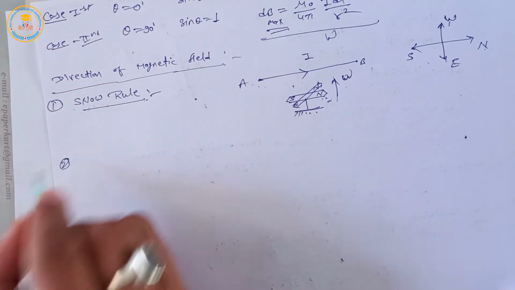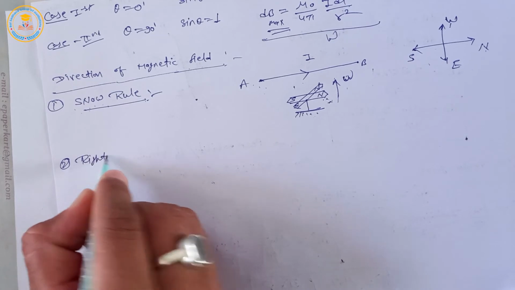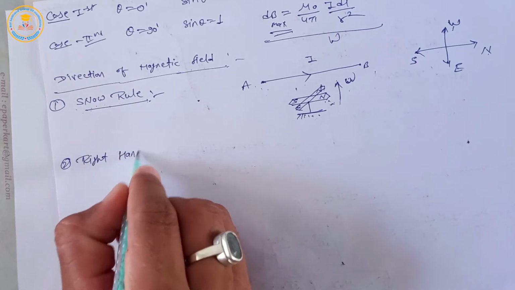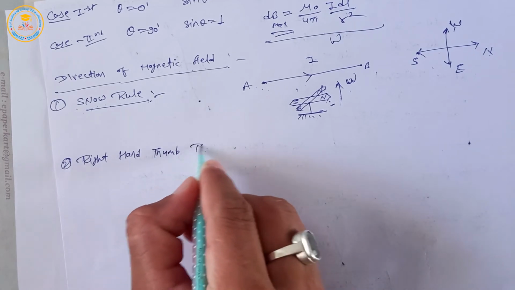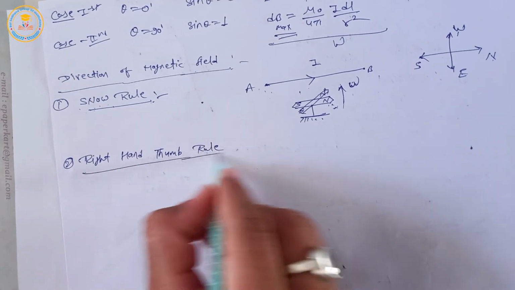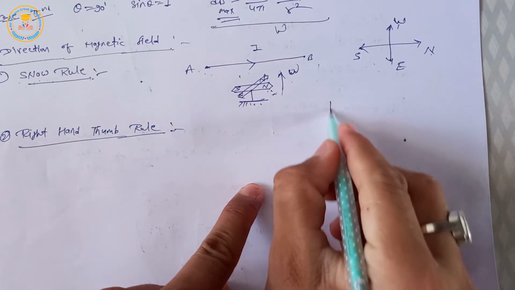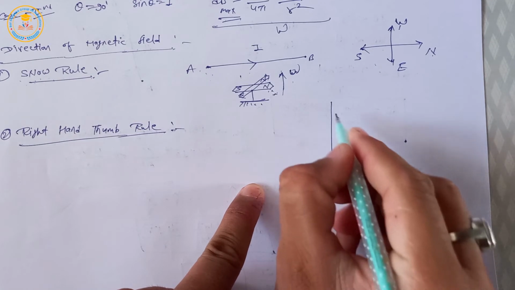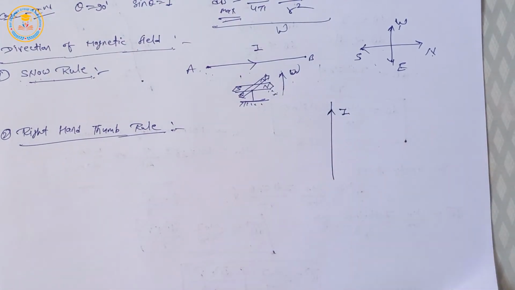Next, the right hand thumb rule. This is very important. This rule gives the direction of magnetic field for straight wires. Suppose we have a straight wire, and in this wire current is flowing like this.